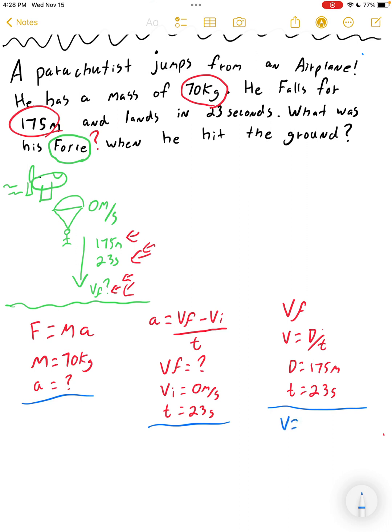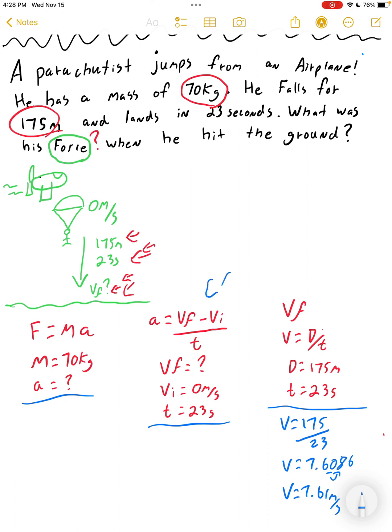Velocity equals the distance, 175 meters, divided by 23 seconds, and I get my velocity at 7.6086. We're going to round to hundredths. Okay, so we look at the thousandths place. It is 5 or above, so we round up. My velocity equals 7.61 meters per second.